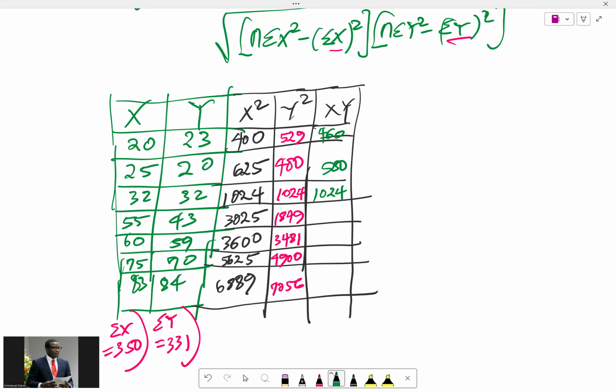That is 2365. Then we need 60 times 59. That is 3540. Then we need 75 times 70. That's 5250. Then lastly, 83 times 84.